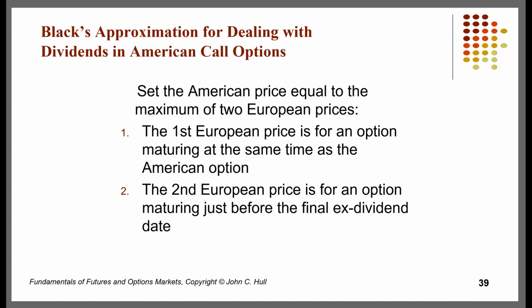All right, so Fisher Black has done an approximation for dealing with dividends in American options, and we're not going to dig into this, but essentially you would set the American option equal to the maximum of two European prices, where the first European price is for an option that's maturing at the same time as the American option, so they have the same maturity, and the second European option price is for an option that's maturing before the final ex-dividend date of the option.